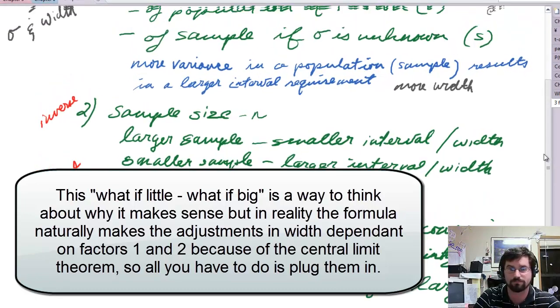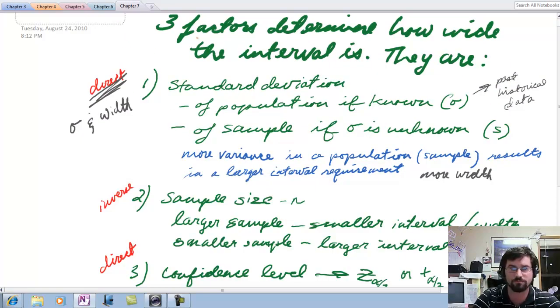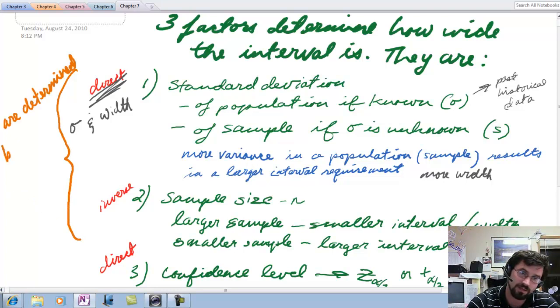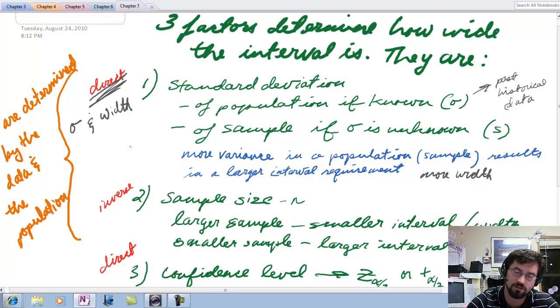Okay, however, both of these things are not determined by you or I. Factors 1 and 2 are determined by the data and the population. I don't have any control over that. Okay, do I have any control over the standard deviation? Absolutely not. It is what it is. Do I have any control over the sample size? Not once I've chosen it.